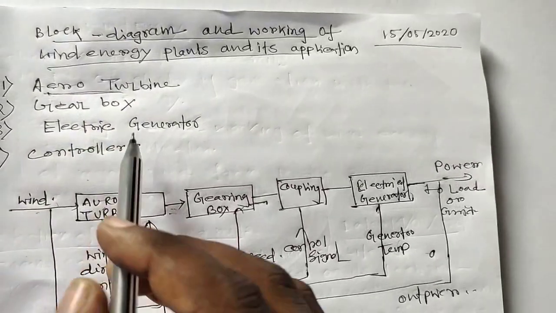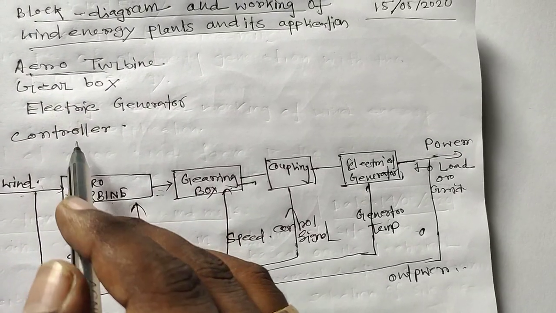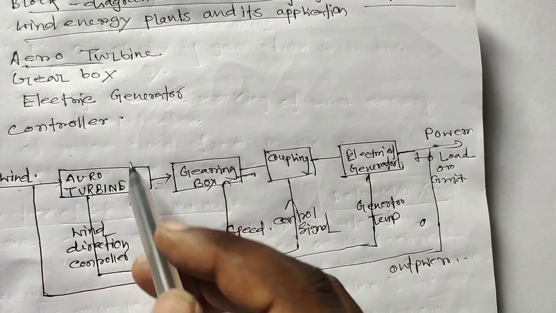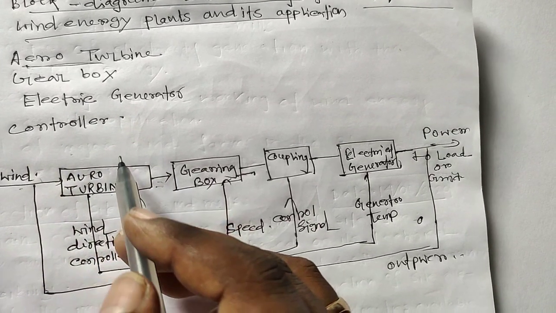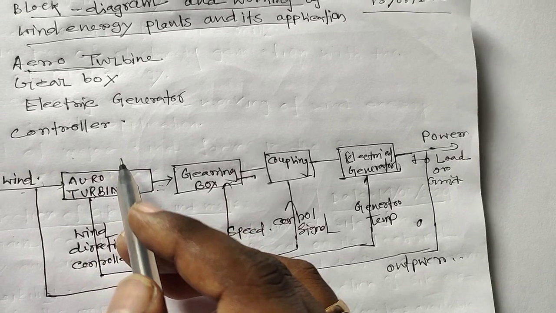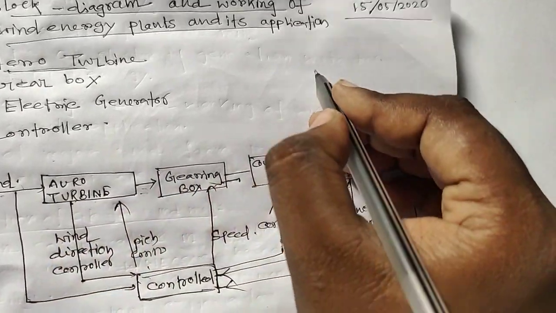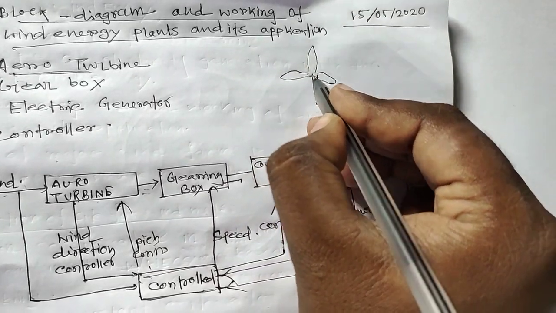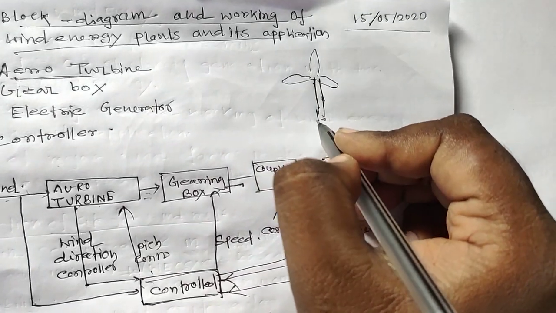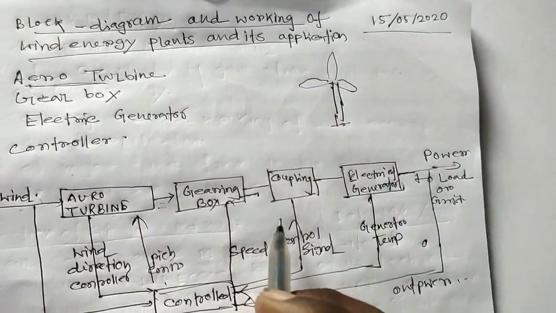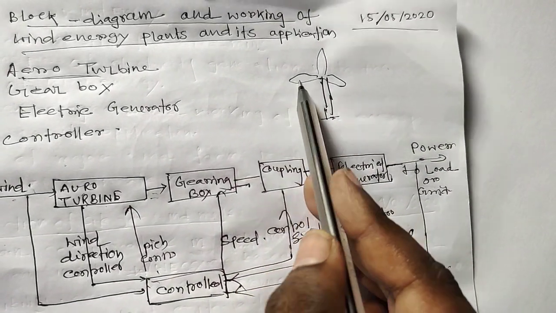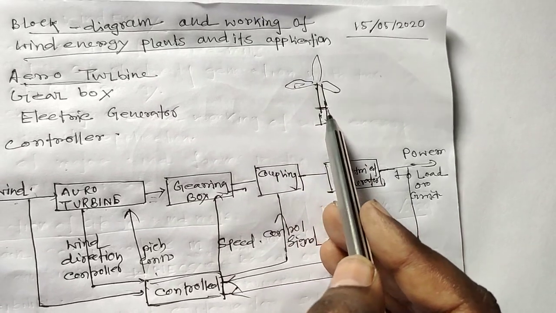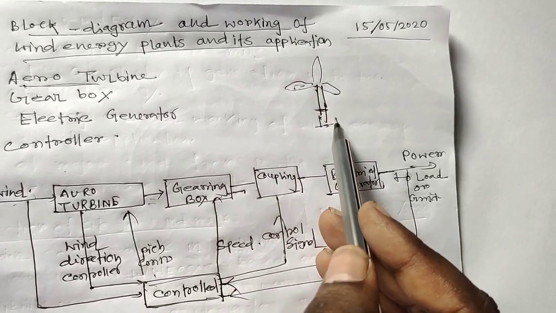How does a wind turbine work? There is an air turbine with large blades attached on the top of a supporting tower of sufficient height.